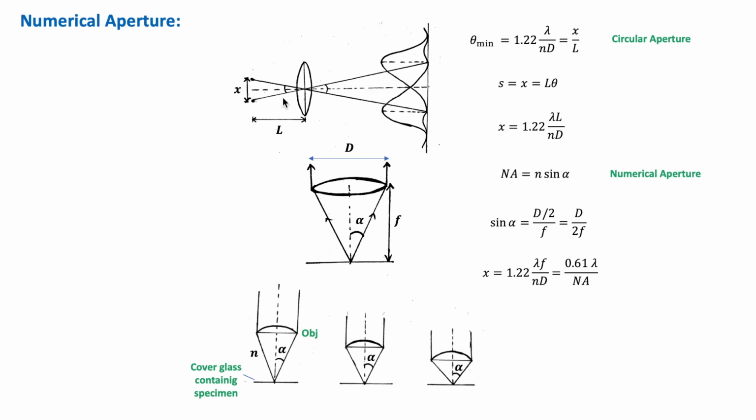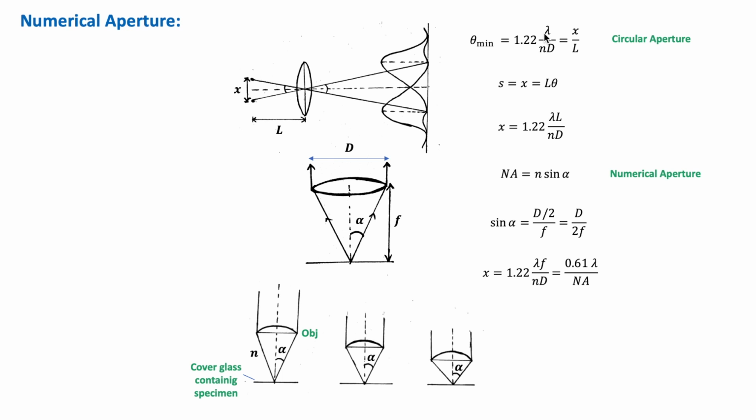As you can see, the two objects are separated by a distance x, and suppose that the distance from the objects to the aperture is L. Then according to Rayleigh's criterion, the resolution limit, which is the minimum angular separation between the two objects for them to be resolved, is given by this equation.